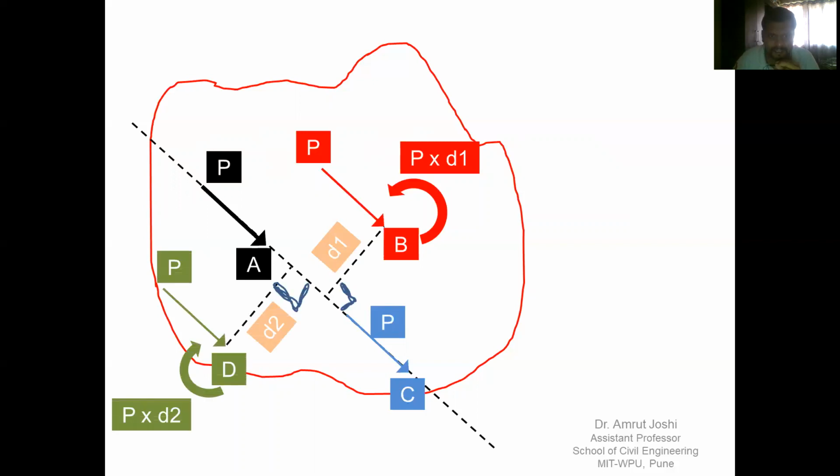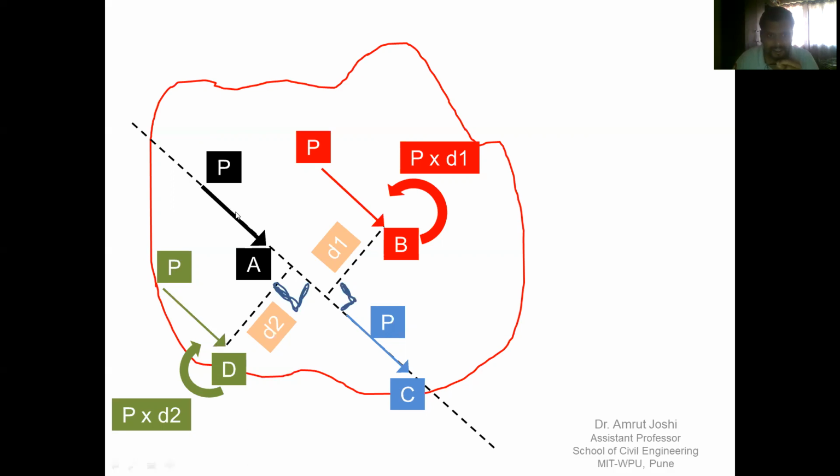Now let us consider the effect of the same force P acting at A on a body at point D, which is on the left hand side of the line of action of force. That means we have to hold this body with a pin at point D, and we have to examine the effect of force P acting at A. That pin will be pushed by the same amount as the magnitude of P. Therefore, the first effect of force P at A at D is the force P as it is.